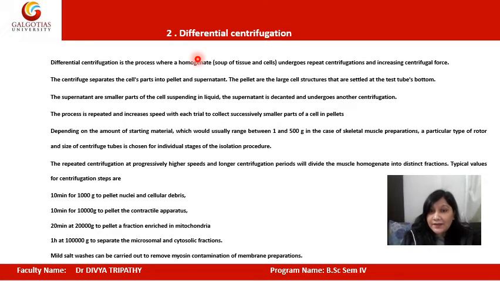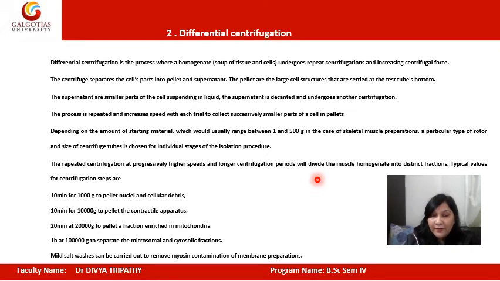The larger size particle will pellet first under centrifugal force, and when we increase the RCF or RPM or the time of centrifugation, we will get different fractions of cell organelles on the basis of their size. I hope you people remember. So, differential centrifugation is a process where a homogenate undergoes repeated centrifugation with increasing centrifugal force.